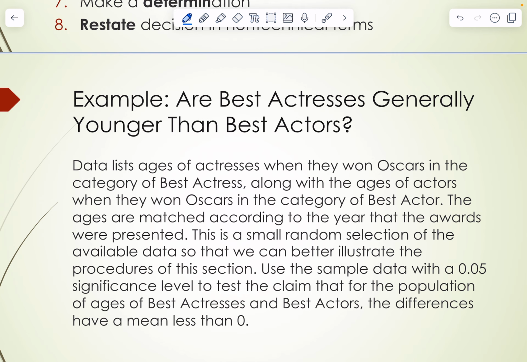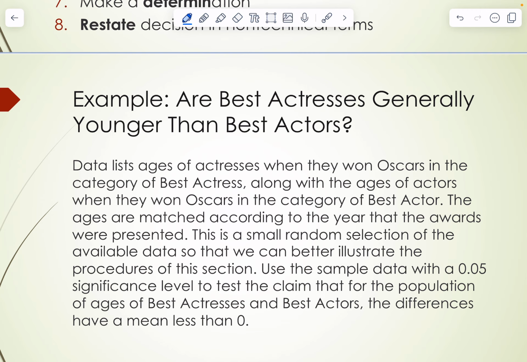So that's the difference between the best actresses and actors. I'm thinking that's going to be actresses minus actors, and the difference is going to be less than 0. That means that actors are generally older. Their male counterparts are generally older when they win Best Actor.